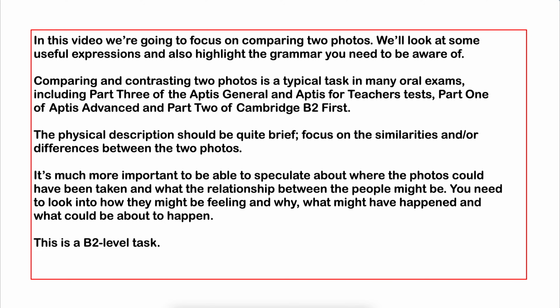It's much more important to be able to speculate about where the photos could have been taken and what the relationship between the people might be. You need to look into how they might be feeling and why, what might have happened and what could be about to happen. This is a B2 level task.